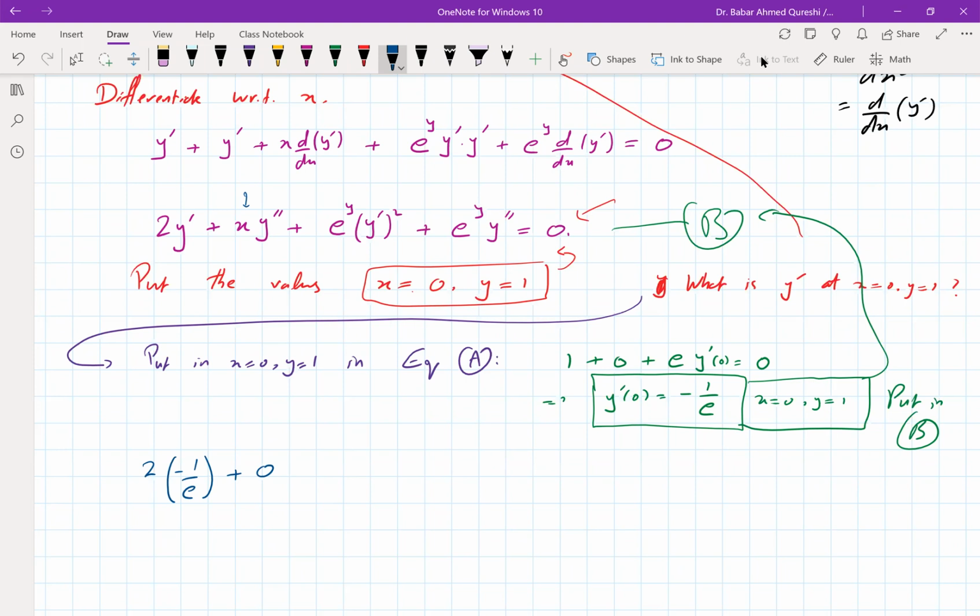Good thing, we just get rid of it. Then I have a E. Then Y derivative, as I know, is minus 1 over E square, plus E and Y double derivative, the value which we are after.